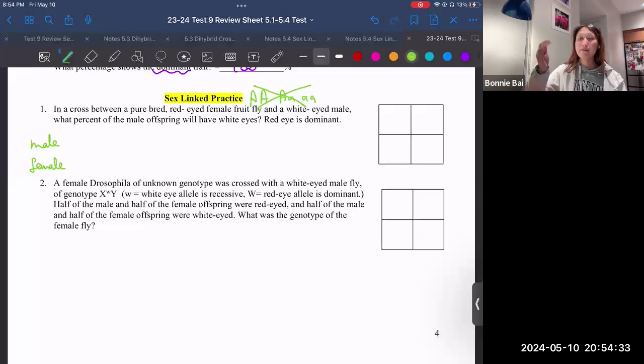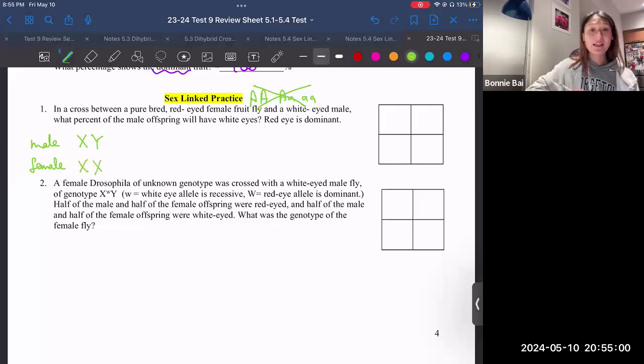Males all have XY. Sorry, that's what happens when you're this tired. So in your 23 pairs of chromosomes as humans, the last pair of chromosomes that we look at, the males have an XY chromosome. Your X chromosome comes from mom, Y chromosome comes from dad, always, okay?